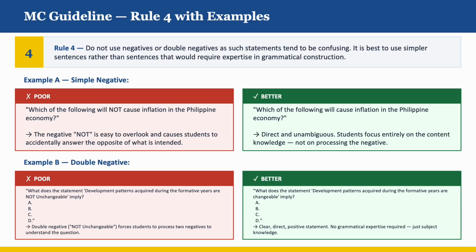Rule number 4. It talks about do not use negatives or double negatives. Such statements tend to be confusing. It is best to use simpler sentences rather than sentences that would require expertise in grammatical construction. So, example.